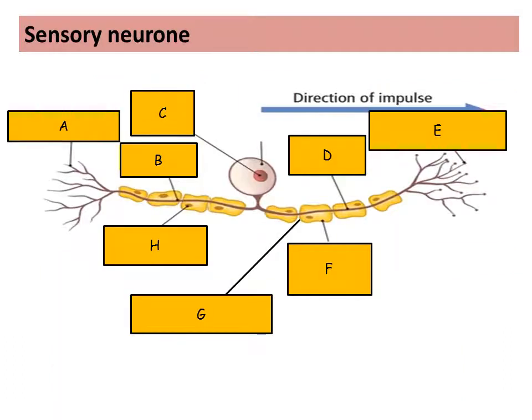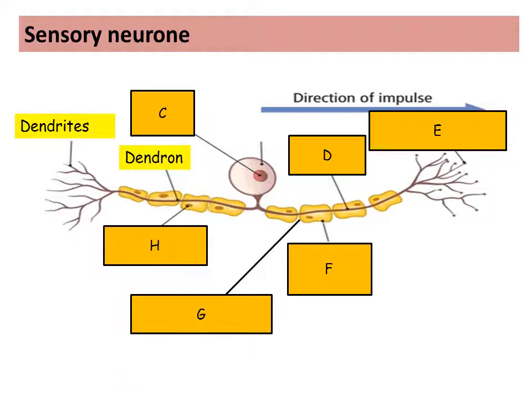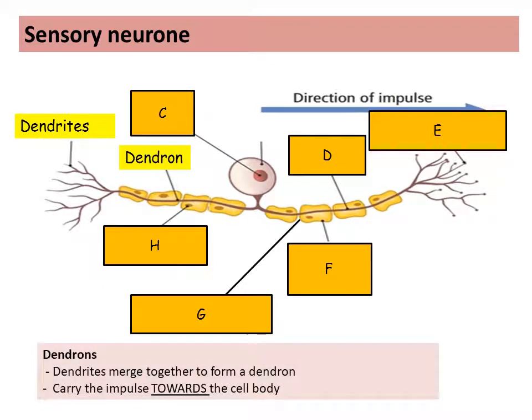The next neuron is a sensory neuron, and you can see that there are some similarities and there will be some differences. The dendrites that we've got here on the left are similar to the ones that we had on the motor neuron, but they're going to merge together to create one long tube carrying the impulse towards the cell body, and this is called the dendron.